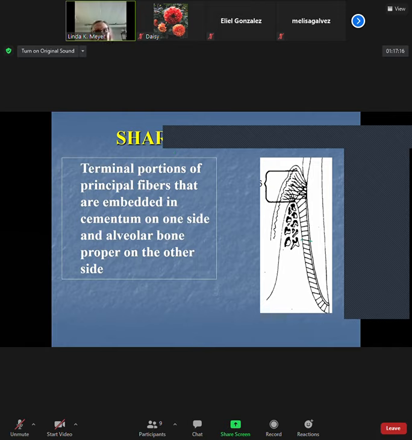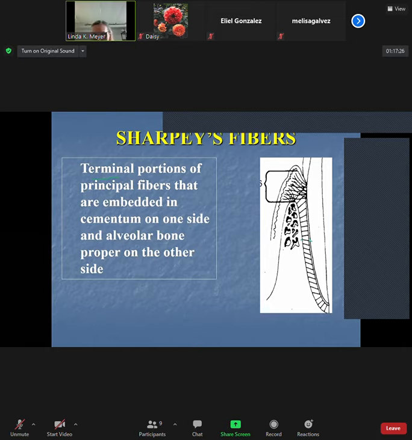So these end pieces, or what are called the terminal portions of the principal fibers, are embedded in cementum on one side. They're locked into that mineralized tissue, or cemented into it. And on the bone side, they're locked in. And these end pieces are collectively called Sharpey's fibers.